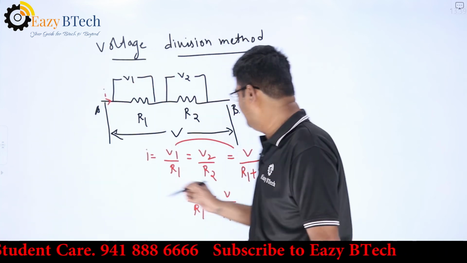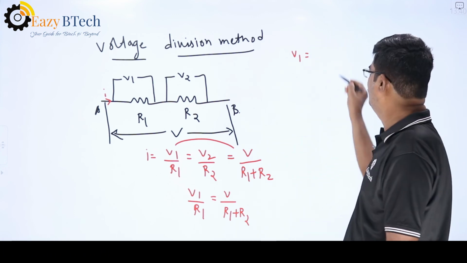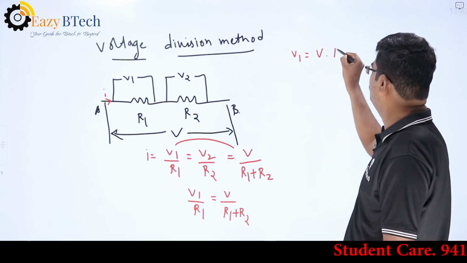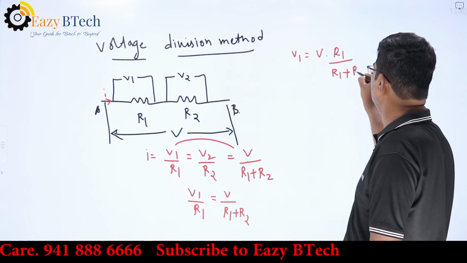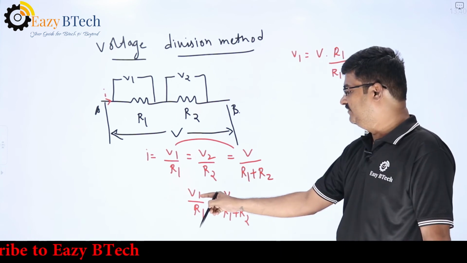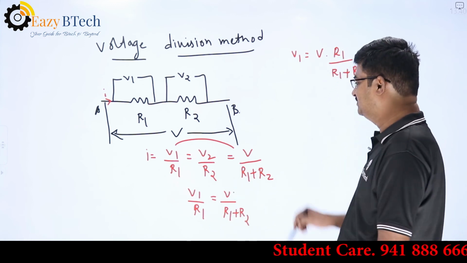So simply I can write my V1 is equal to total voltage into same resistance R1 by R1 plus R2. V1 is equal to total voltage into same resistance by sum of the resistances.